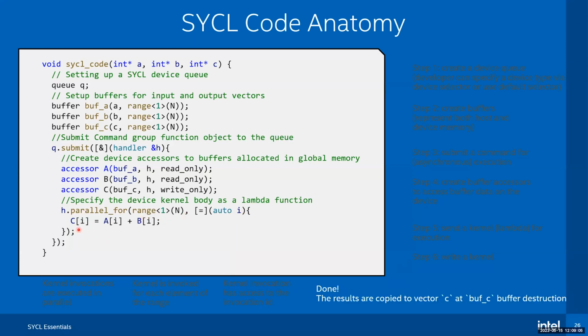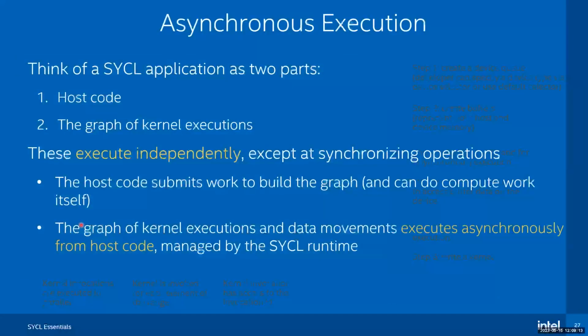Once the computation is done, the buffer gets destructed, and then the data C is available for you. Mainly, this code that you looked at will execute in two parts. One is the host code, and the other is the graph kernel execution. These kernels are executed independently, so that's the reason we have to synchronize using wait. That's what we looked at.